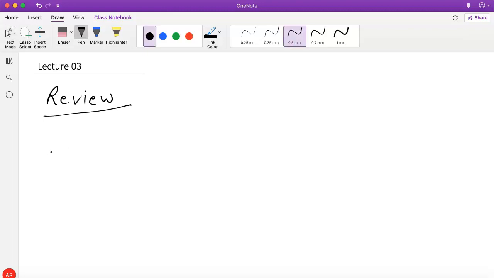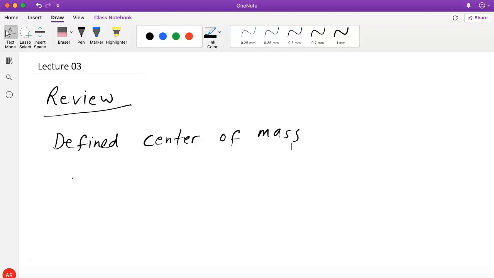So we defined the center of mass. This was the definition: the position of the center of mass for a collection of particles is given by the weighted average of the positions of those particles.